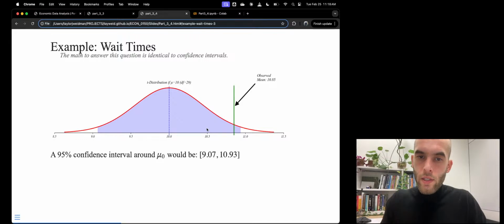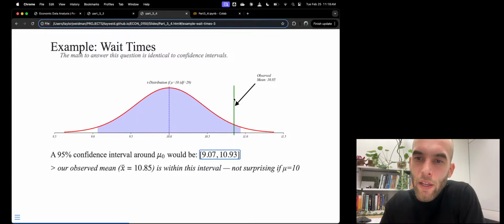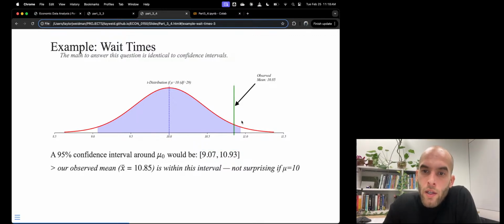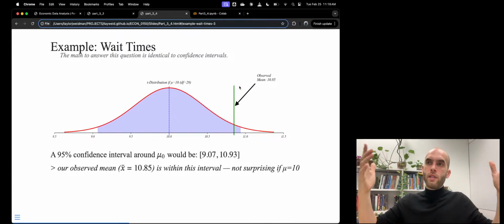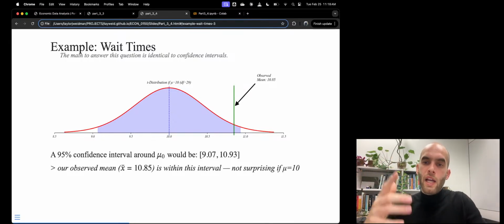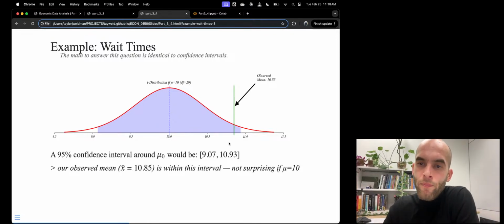So this purple region contains 95% of the data if 10 were the truth. And so what we're saying, essentially, is that if the true mean were 10, and we were thinking about 95% of the data falling within this interval, it wouldn't be surprising that we would get an observed mean of 10.85.